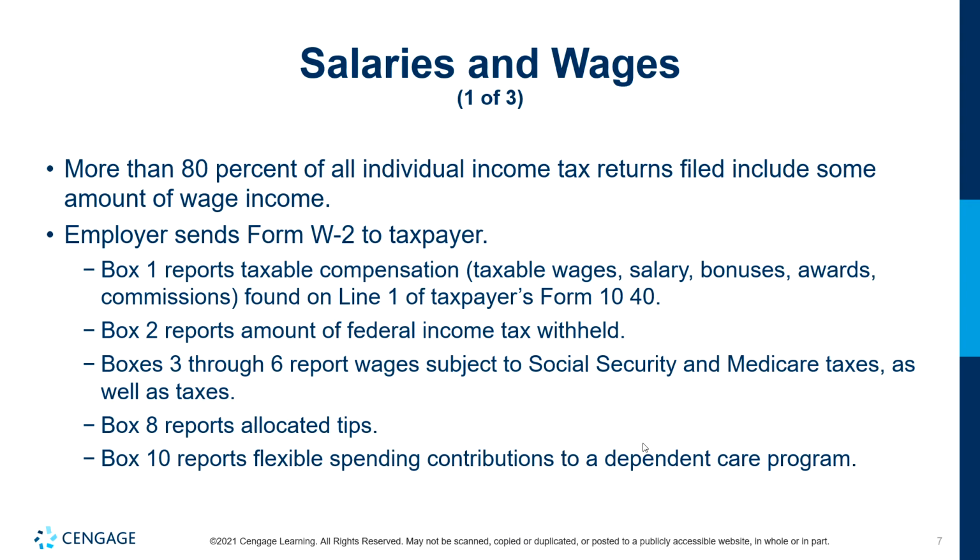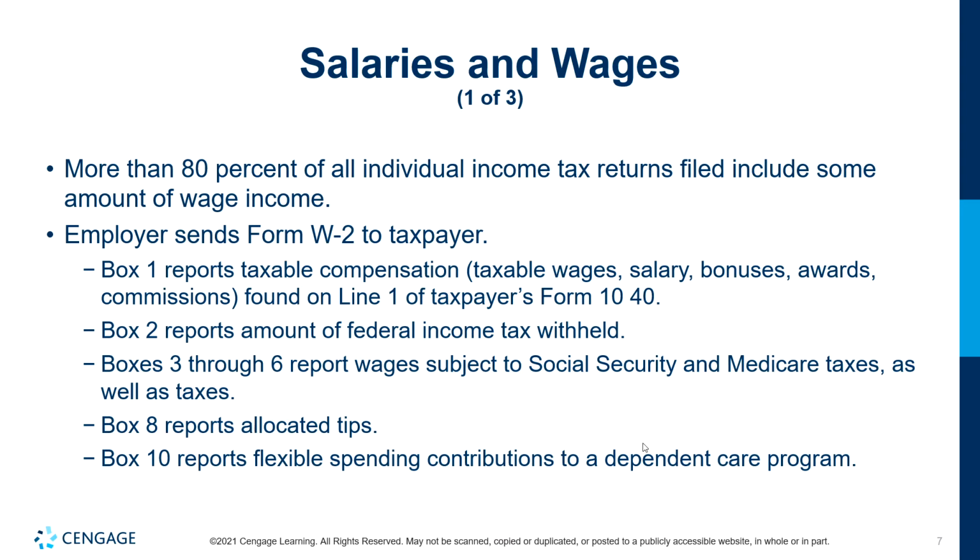Box 2 reports the federal income tax withheld. Those are the two biggest boxes that we care about when we file a tax return. The rest, there's a few that we still count because of other information that they provide. Box 3 through 6 is our Social Security and Medicare taxes.